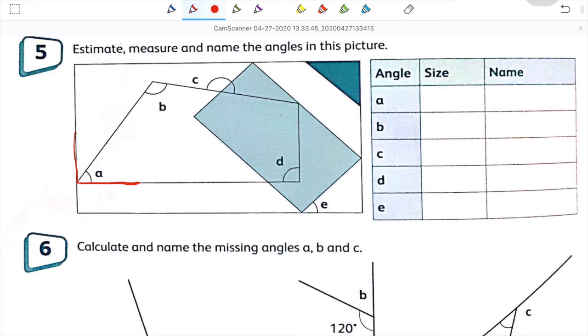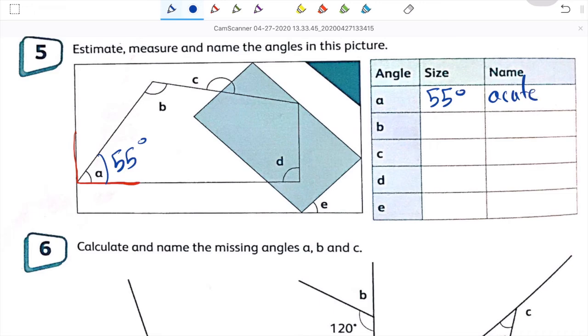So by using a protractor, I could understand that A is going to measure at 55 degrees. So about angle A, we will have 55 degrees. And since you know that any angle less than 90 degrees is going to be called an acute angle.